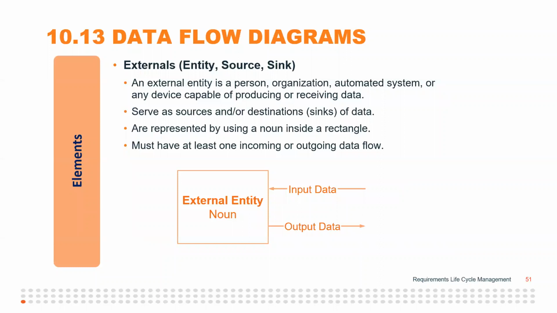And they are represented by a noun inside a rectangle and must have at least one incoming or outgoing data flow. So we didn't actually name this external entity, but we put a noun in there. And it shows that the external entity may have input data coming in and then output data going out.